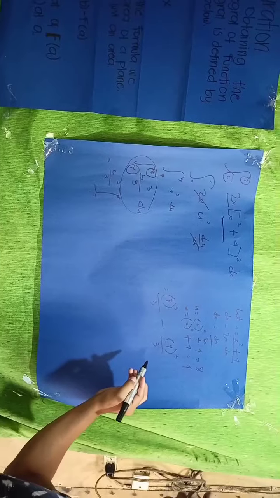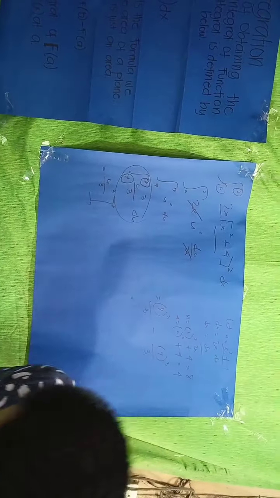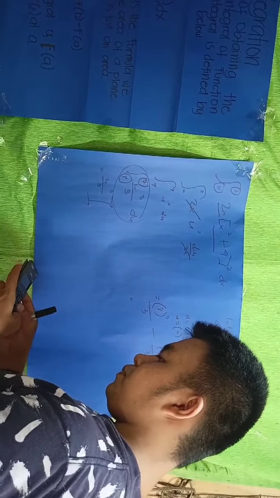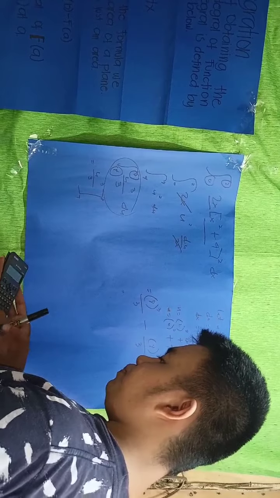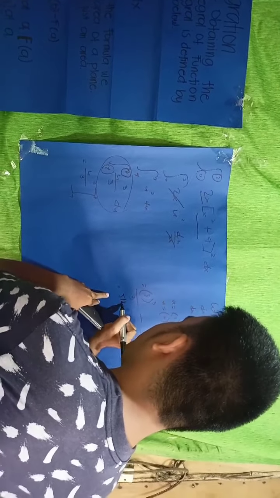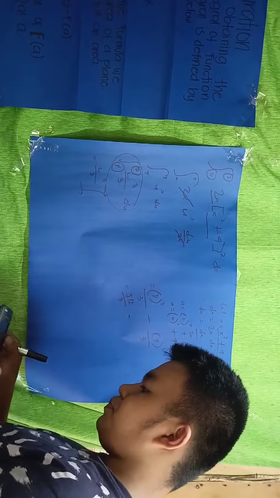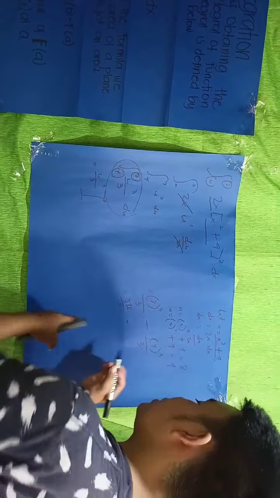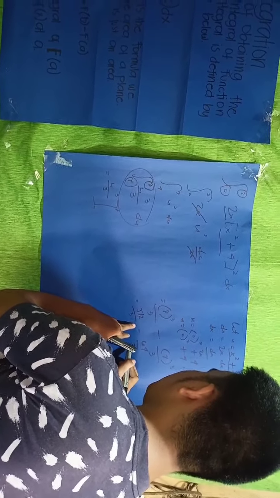So now we will solve it. 8 cubed is equal to 512. So 512 over 3 minus 4 cubed, which is 64, over 3.